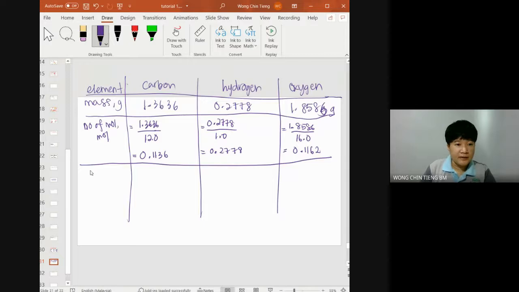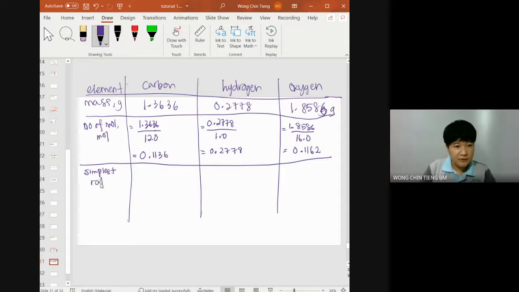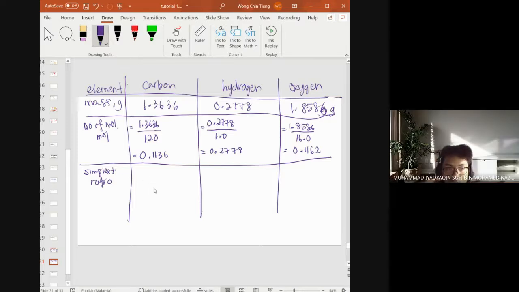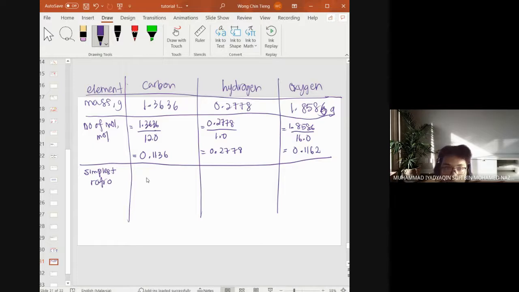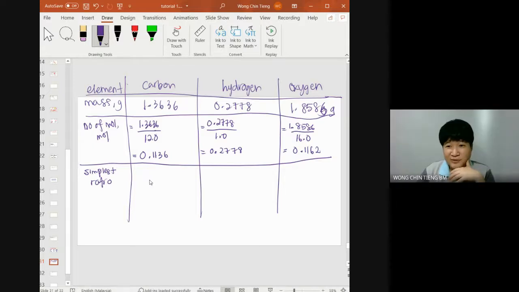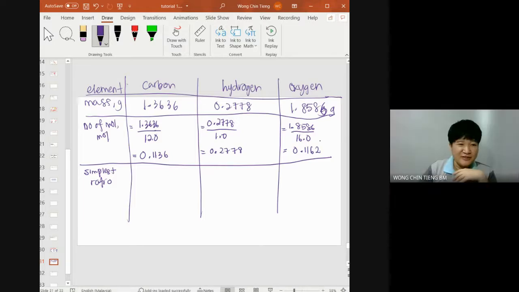And over here, next, what are we looking for? Ratio. Simplest ratio. Simplest ratio over here, so divide with the smallest number of mole. Among here, who is the smallest? Carbon. Everybody is going to divide with this.